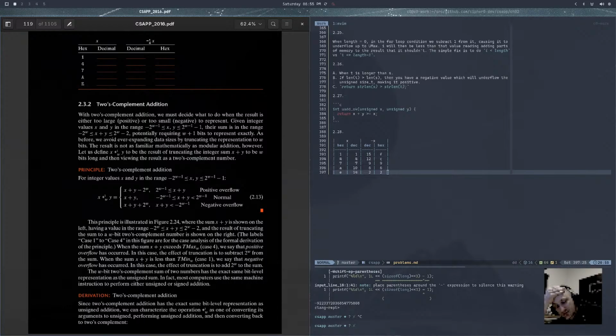Their sum is in the range so and so, potentially requiring w plus 1 bits to represent exactly as before. We avoid ever expanding data sizes by truncating the representation to w bits. The result is not as familiar mathematically as modular addition. However, let us define x of 2's complement addition of w bits plus y to be the result of truncating the integer sum, x plus y to be w bits long, and then viewing the result as a 2's complement number. Okay.